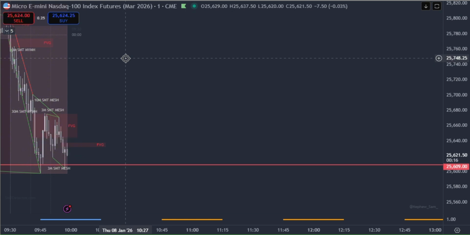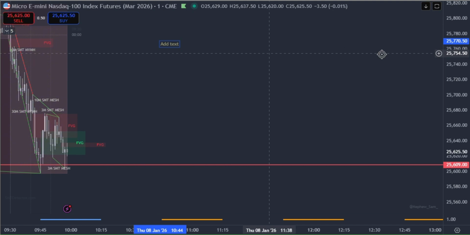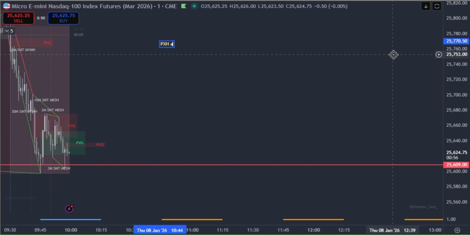Time cycles, pretty much what it is, it's time based liquidity pools. Okay, and you use it by PXH and PXL. And the X, I'm going to type it out for you.